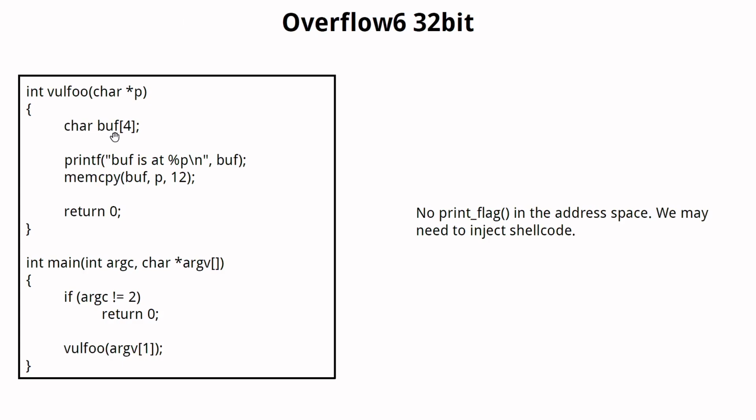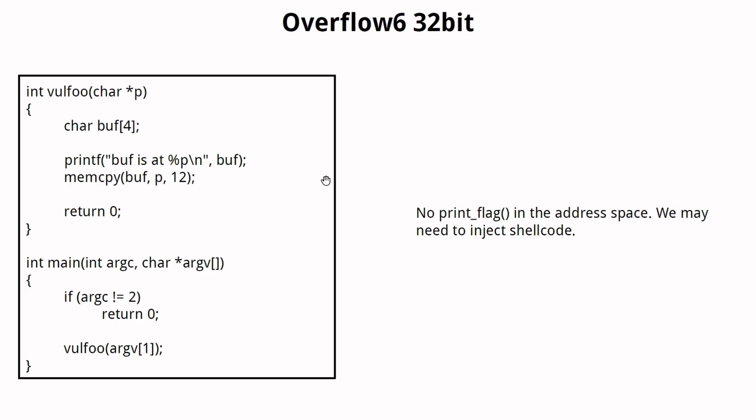Then valfoo has a small buffer, at the C code level only 4 bytes, and it will print out where the buffer is. This is just to make this easier for you guys. Then there is a string copy. No, sorry, not string copy, memory copy. Copy from your input to the buffer. Then we are copying 12 bytes. Those are carefully designed, so later you will see why I designed 12 bytes there.